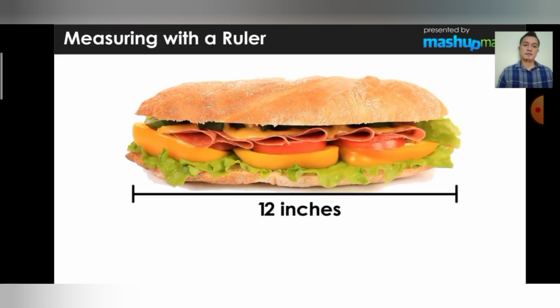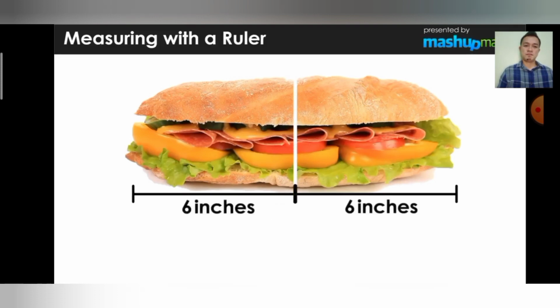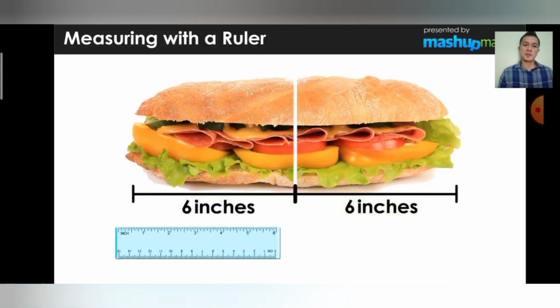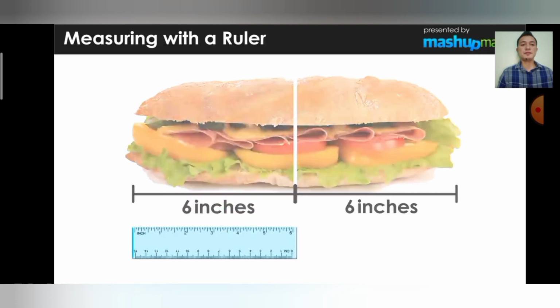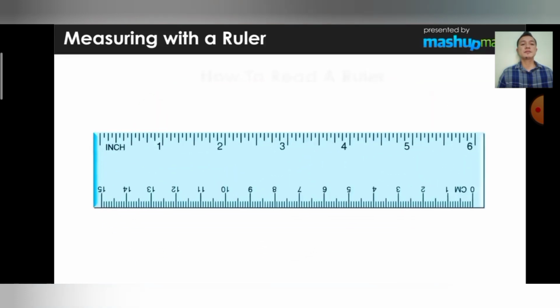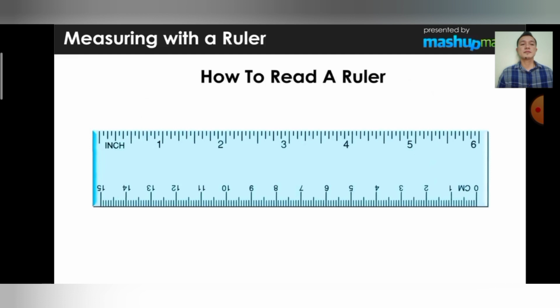They are 2 different units of measurement. If we cut this sandwich directly down the middle in half, each half would be 6 inches long. For this lesson, we are going to explore using a ruler that has that same length of 6 inches. We're going to look at what the symbols and markings on the ruler mean and how we can use them to measure different sized objects.